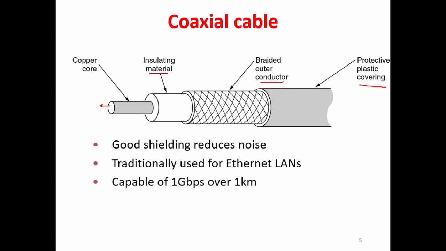The main reason for adding these insulating materials, conductor, and covering is again to protect the cable from external interference. You can see here again we can reduce the noise using these three types of covering. Traditionally this type of cable is used for Ethernet LANs, and the data bandwidth is very good: 1 gigabit per second over 1 kilometer.